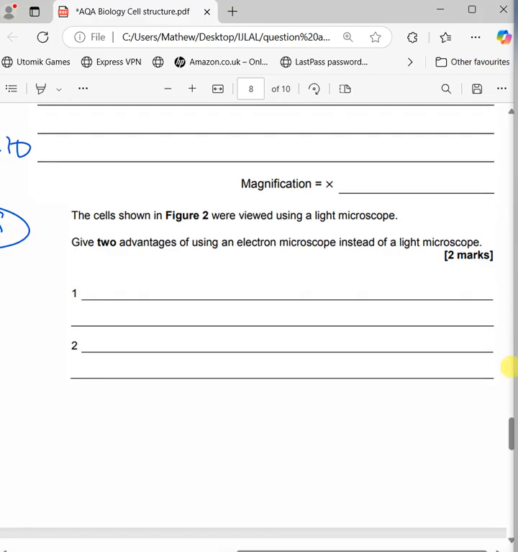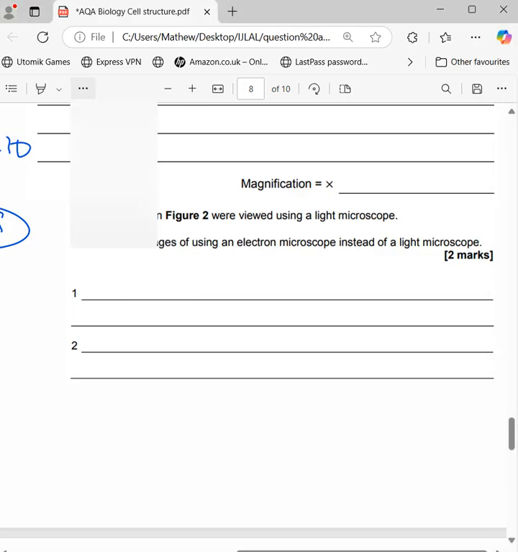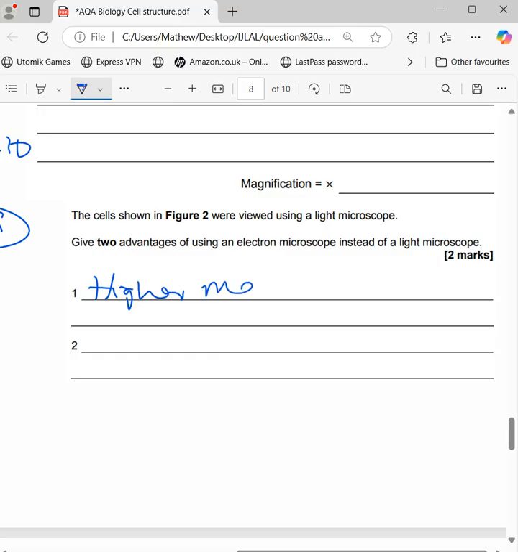Then write your answer. Now, they say the cells in figure 2 were viewed using a light microscope. Give 2 advantages of using an electron microscope instead of a light microscope. The importance of the electron microscope is that it has a higher magnification.